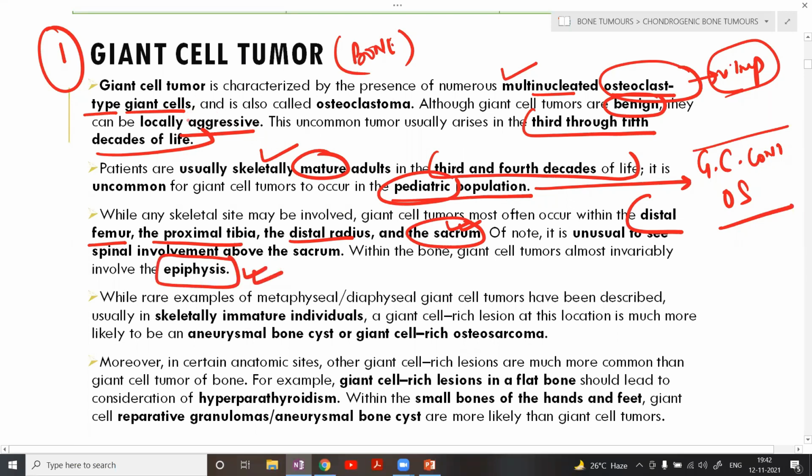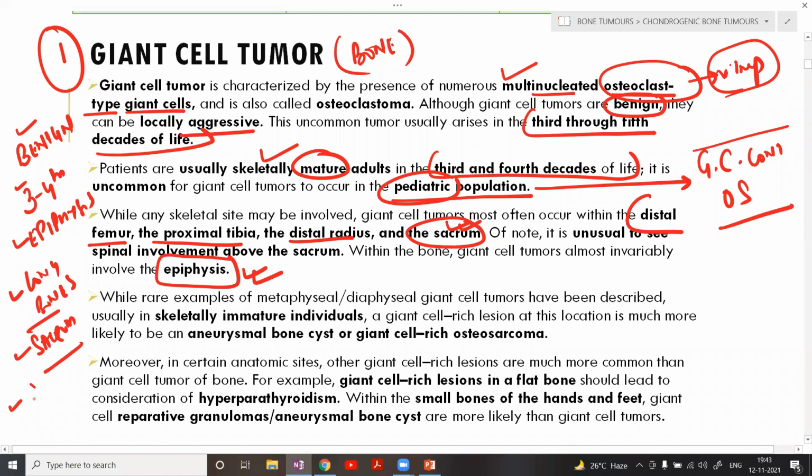So what are the things that we have seen over here? Number 1, the majority of these tumors are benign in nature. Number 2, they are in the 3rd to 4th decade of life. They are classically in the epiphysis, involving the ends of long bones mainly, and if it involves the vertebra, it is involving the sacral region.